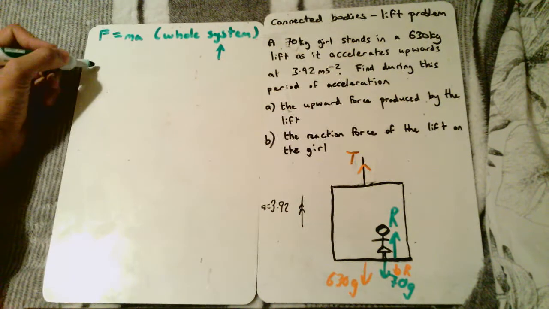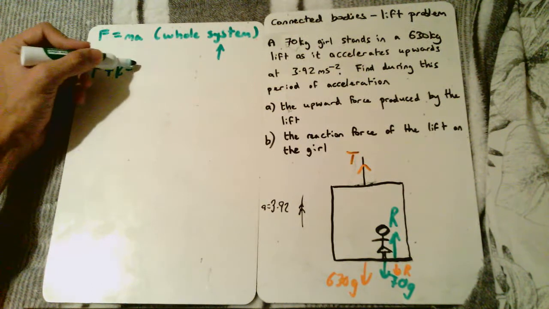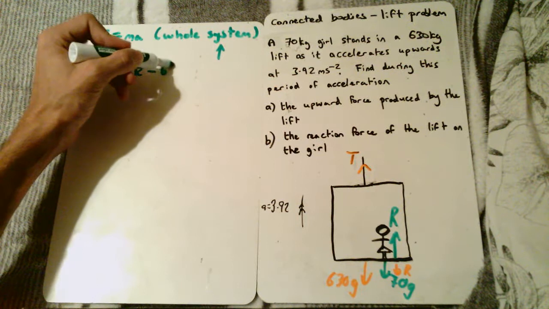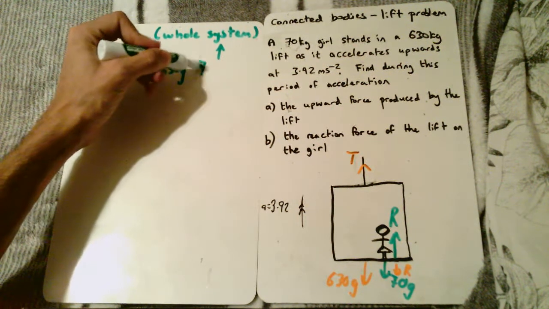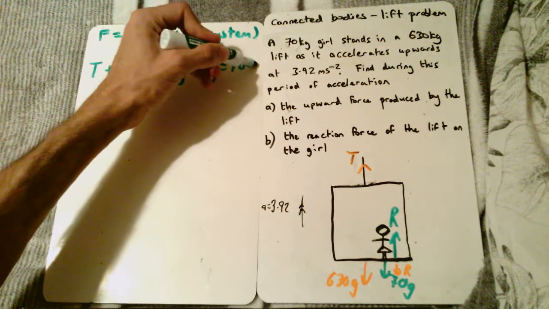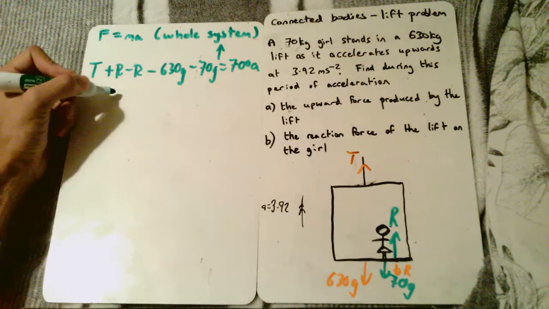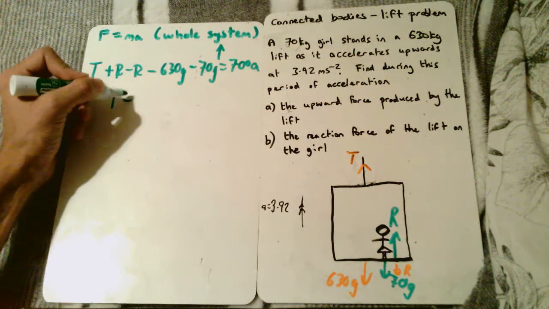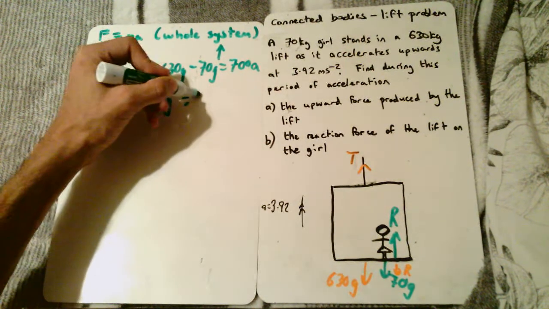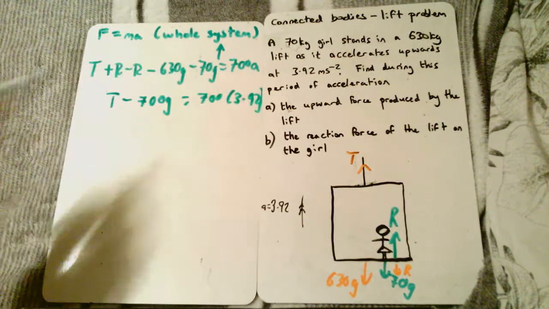So we look at the whole system, we get T plus R minus R minus 630G minus 70G is equal to the collective mass, which is 700 times A. Now we know A is 3.92, and that's going to give us T minus 700G is equal to 700 times 3.92.